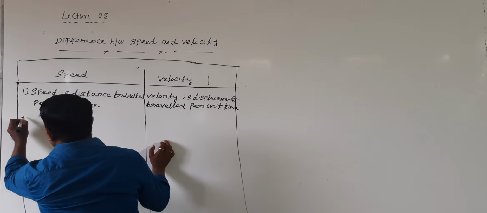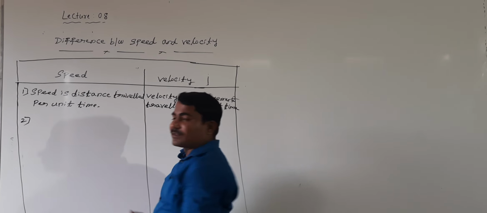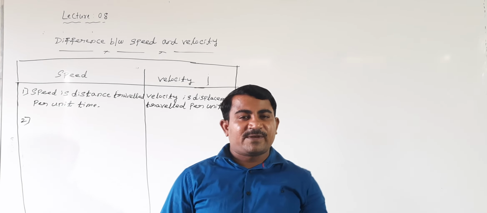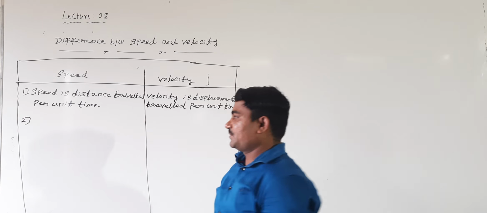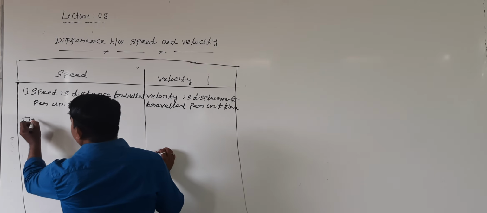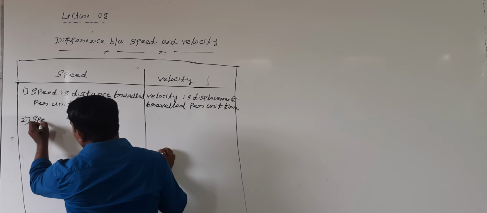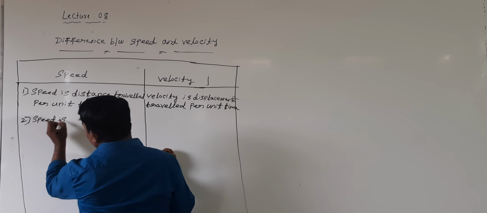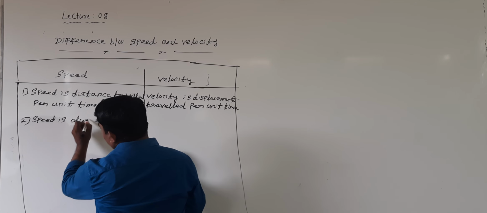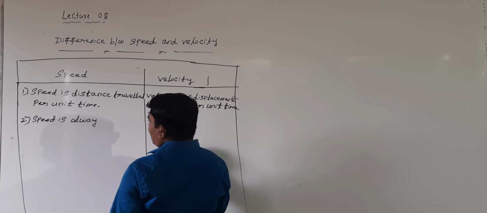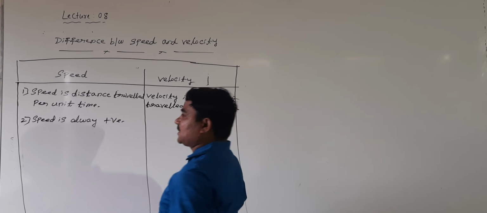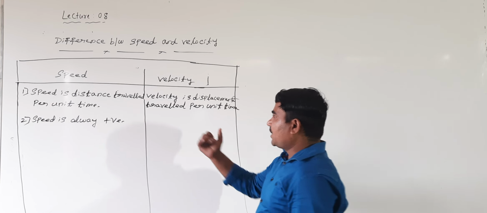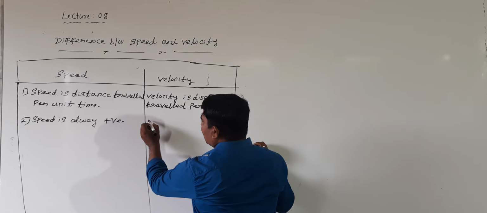What about the second difference? The speed of the body is always positive, because the distance traveled by the body is always positive. Speed is always positive, right? Here, how to take the velocity?